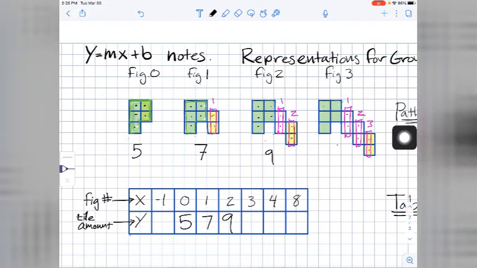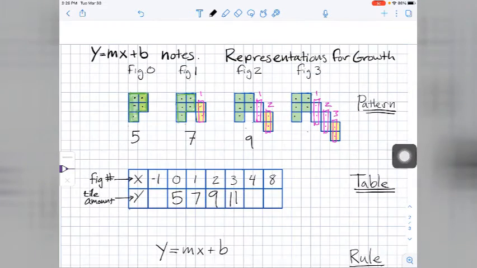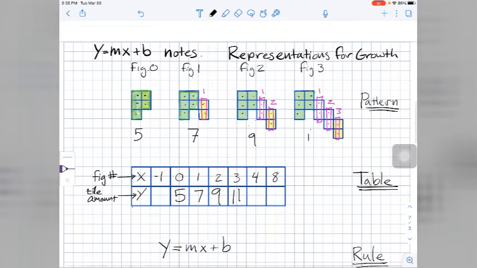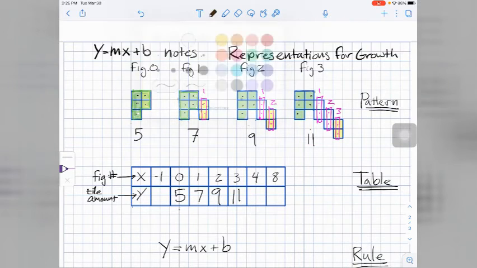In figure 3, there's 1, 2, 3, 4, 5, 6, 7, 8, 9, 10, 11. So figure 3 has 11. Now if I was to guess how many were going to be in figure 4, I can look at these numbers here, and it's very easy to see that what's happening is, I'm going to use this yellow because I've been using yellow to show the new tiles.